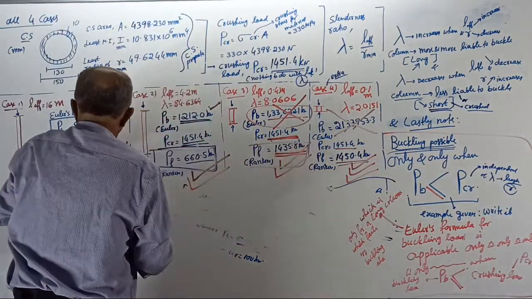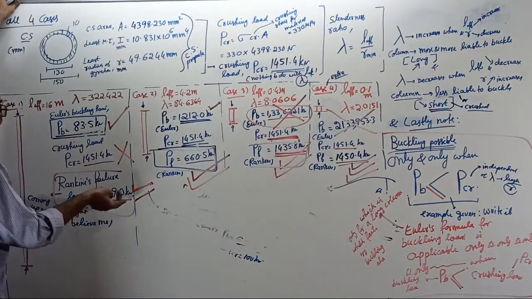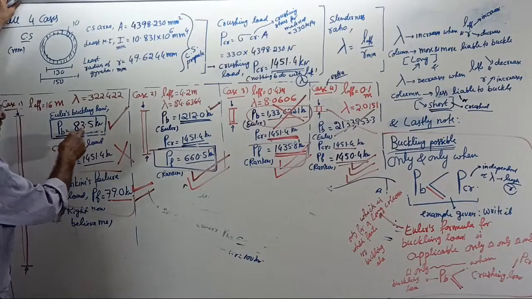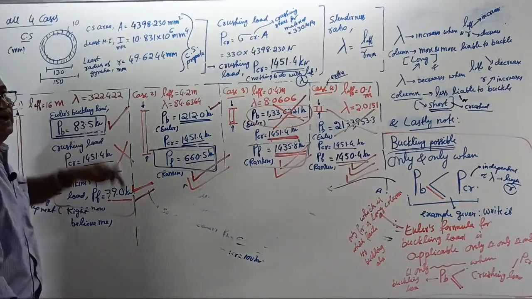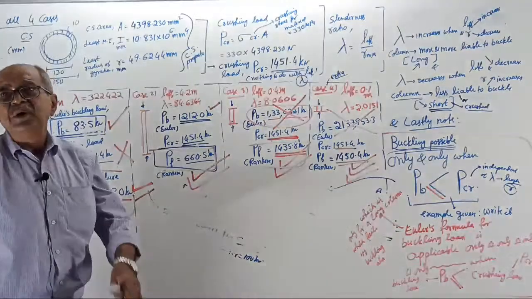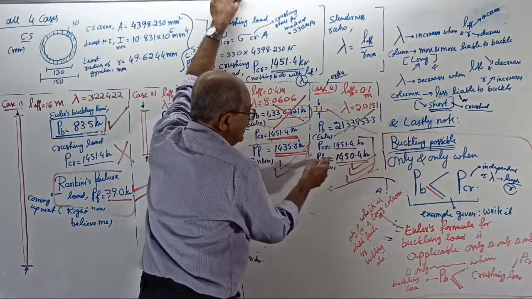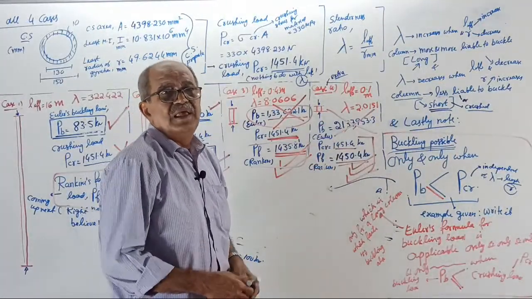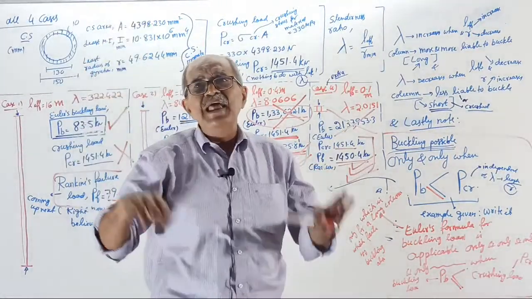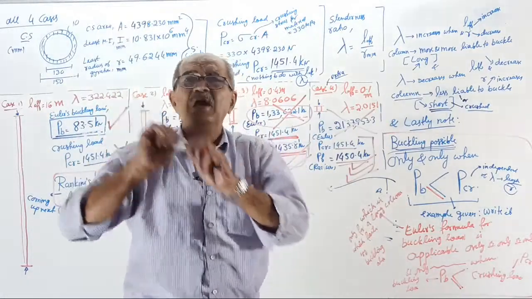See here. When the column is very long, Rankine's load came very near to the buckling load. When the column is very short, Rankine's load came very near to what load? If the column is long, it fails by buckling, and Rankine's formula gives you a load very close to the buckling load.